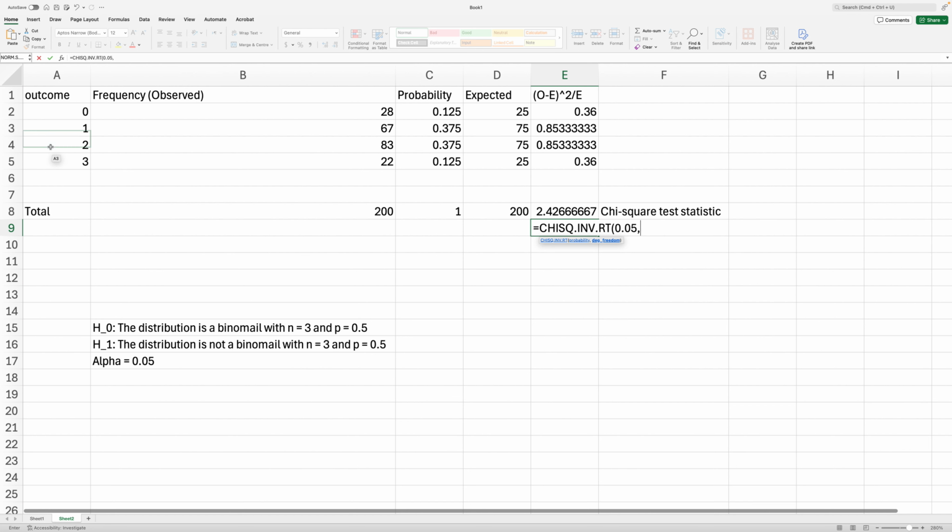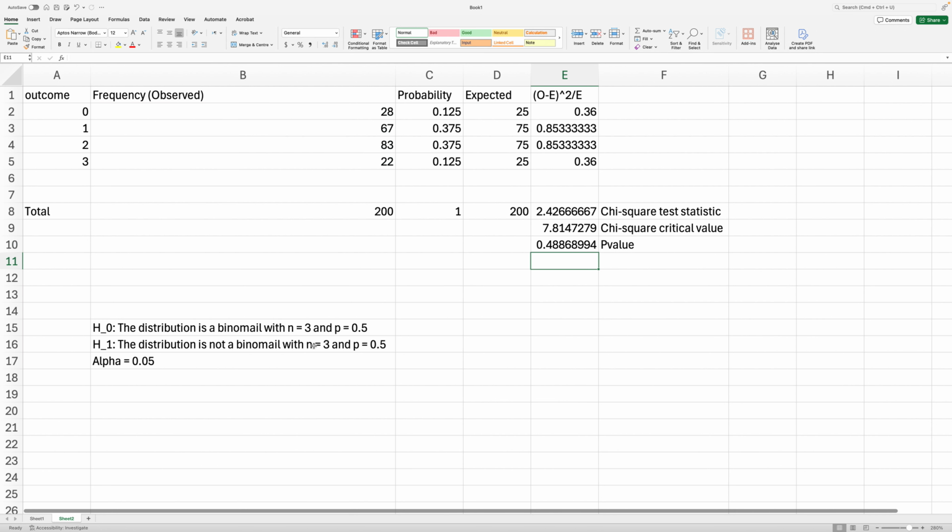We have 4 categories, so 4 minus 1 equals 3. And then we have the critical value here. Also, we can find the p-value. To find the p-value, we write equal chi-square test, actual range, which is the observed, comma, expected range, the expected, close it, and here we go, this is the p-value.